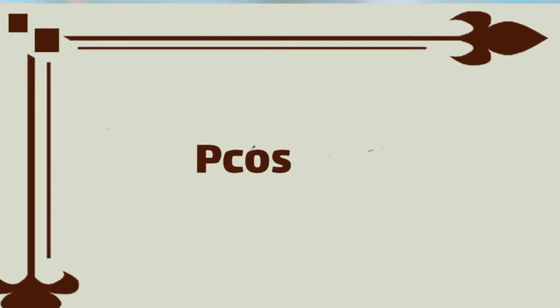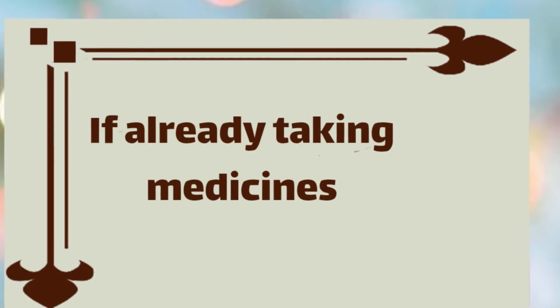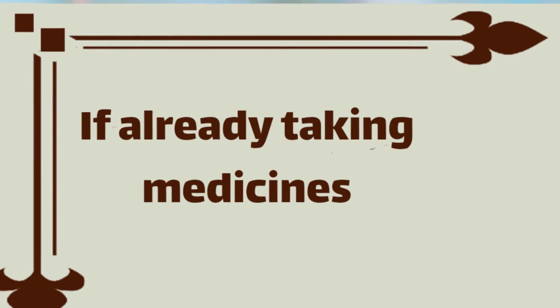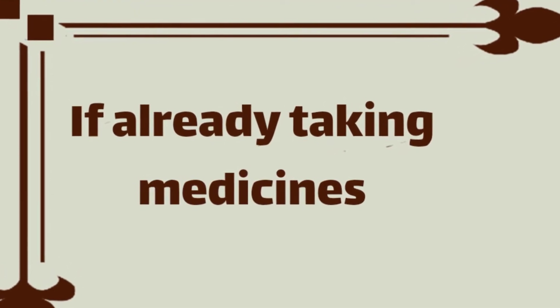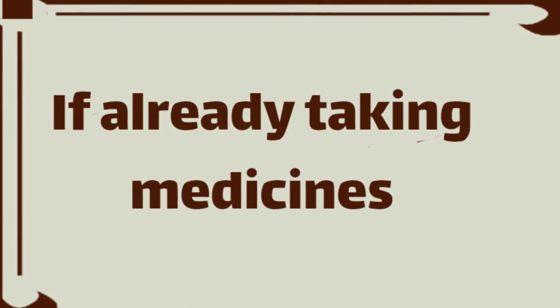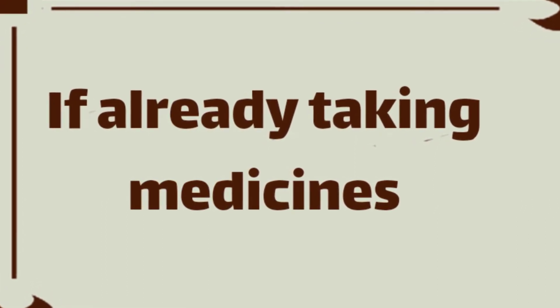Another factor is PCOS, meaning polycystic ovarian syndrome. In this case, you may also face this problem. Another factor is if you are already taking medicines, like some medicines which raise sugar level or other kinds of medicines. These medicines can cause the problem during pregnancy.